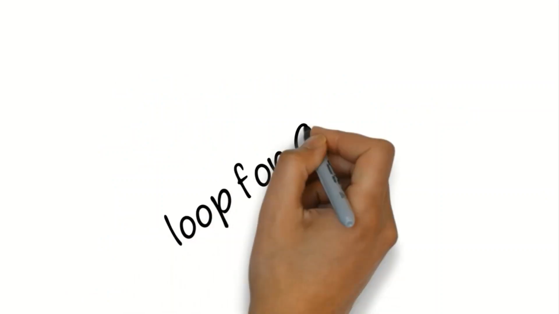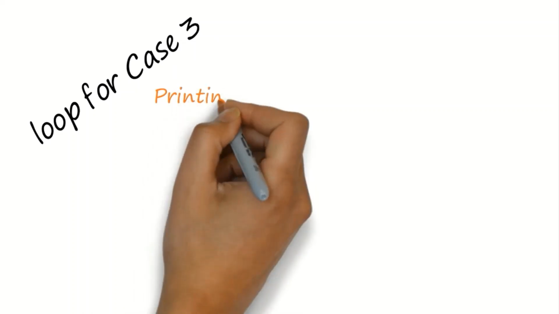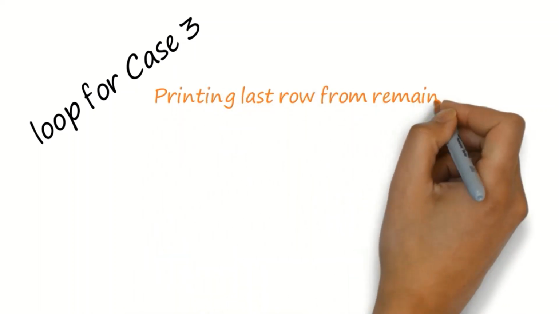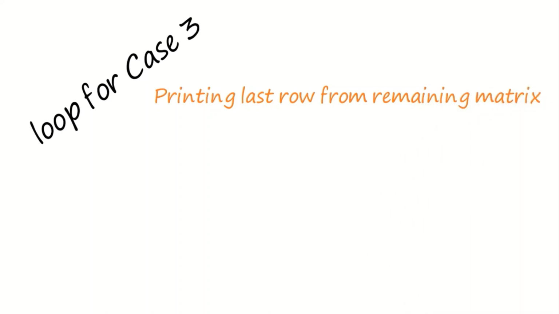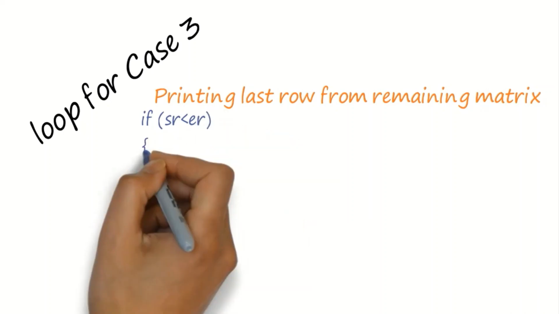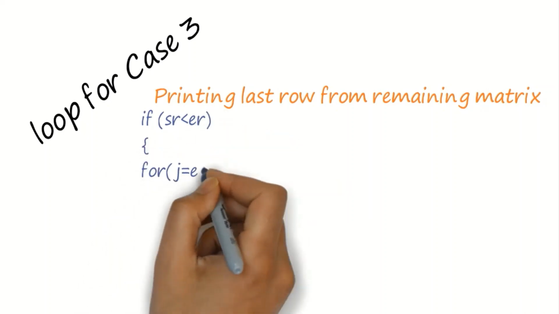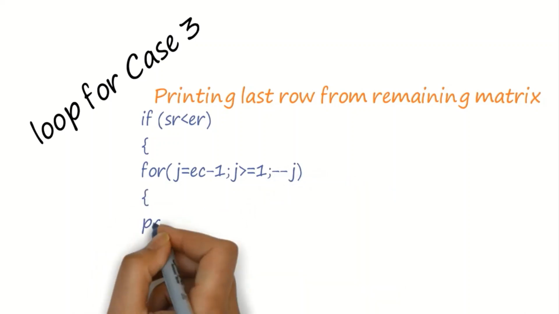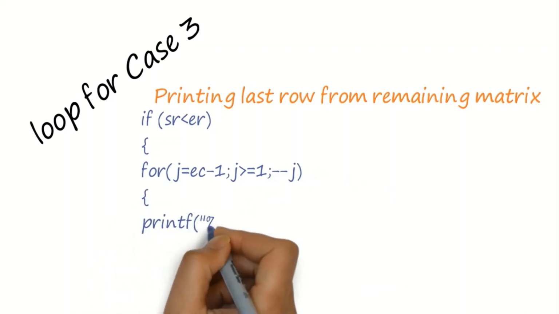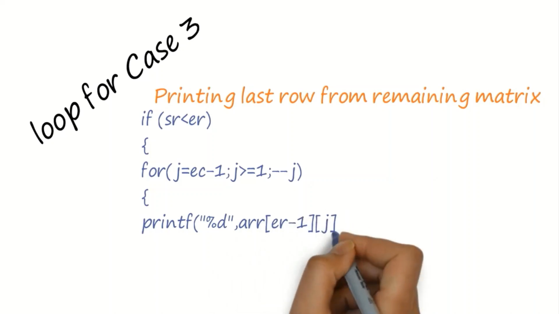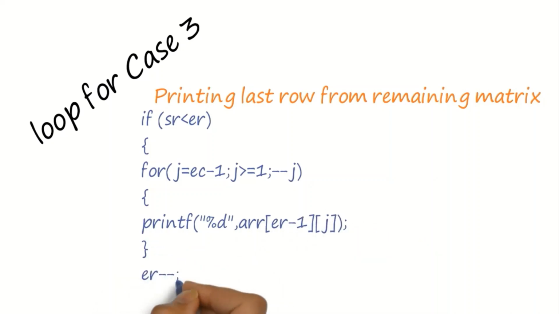Let's discuss about case 3. Case 3 means we have to print the last row in right to left direction. But before writing the for loop here, we have to check whether the starting row is less than ending row or not. And now the for loop will start from end column minus 1. Why? Because in case 2, we have already printed the last element of the last column.